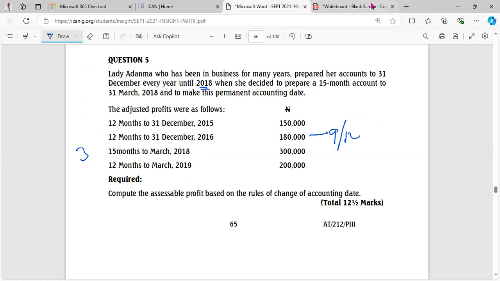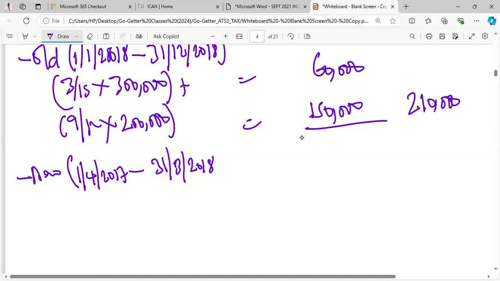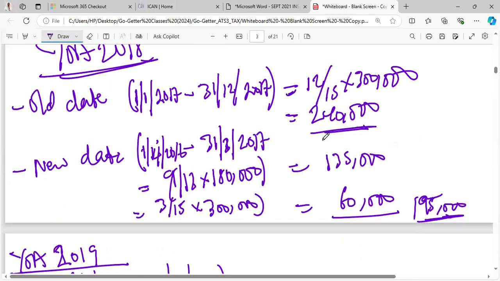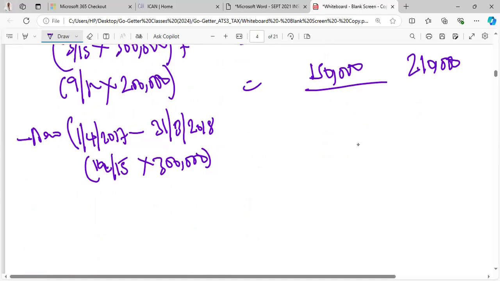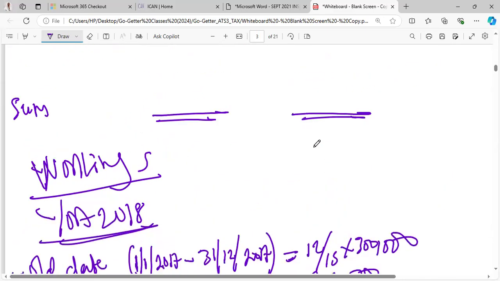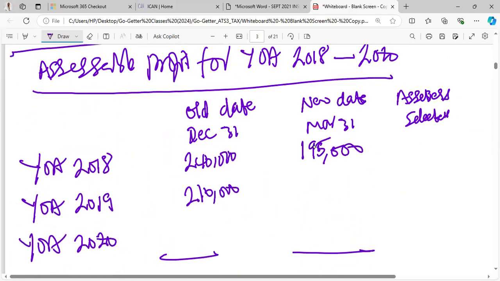So it's going to be 12 out of 15. So we are taking 12/15 times 300,000. We've calculated that before, which gives us 240. So that's what we are going to take up here.